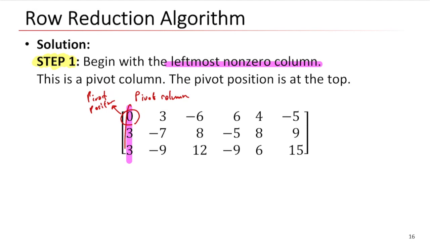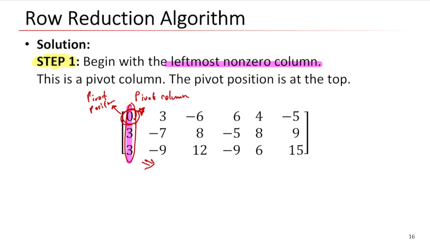What I mean is, we want to make the first pivot position here, right? And then if we make this position a pivot position, we can do the similar procedure on the following remaining matrix.